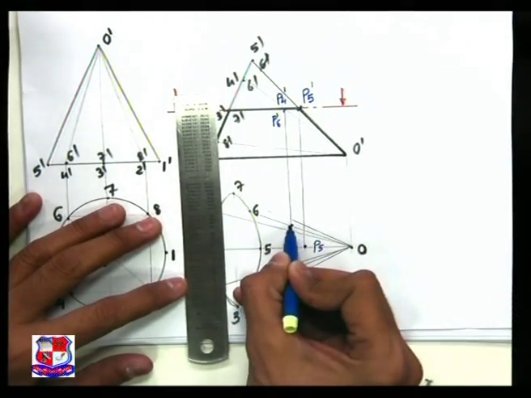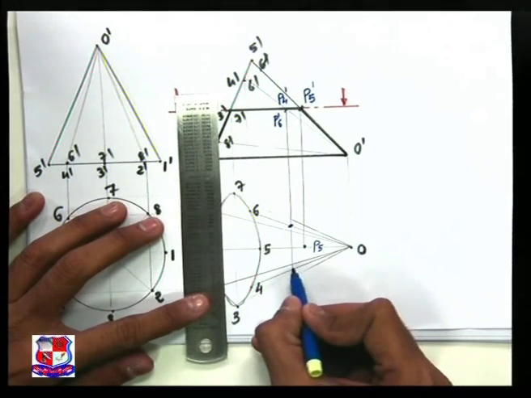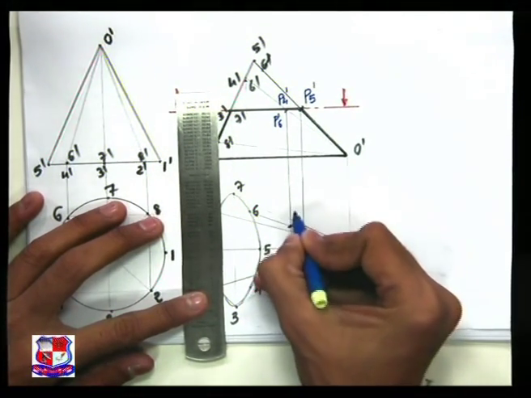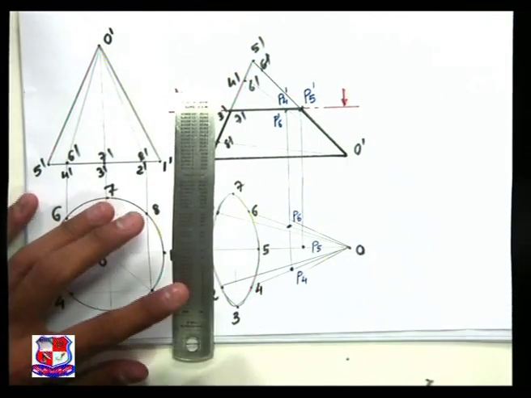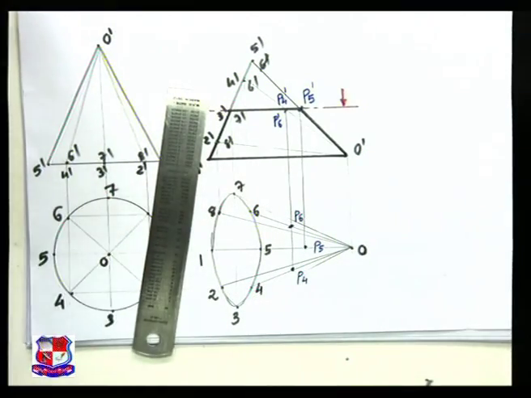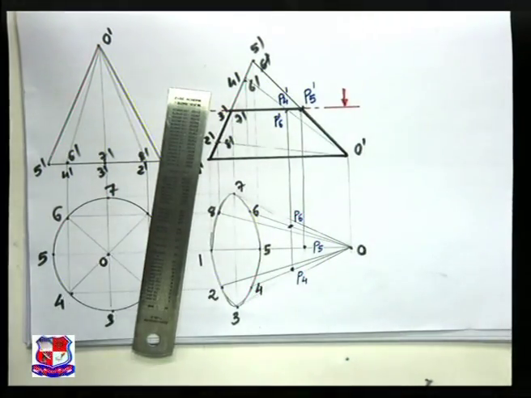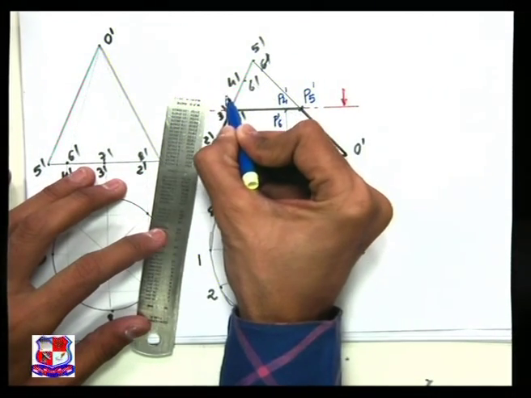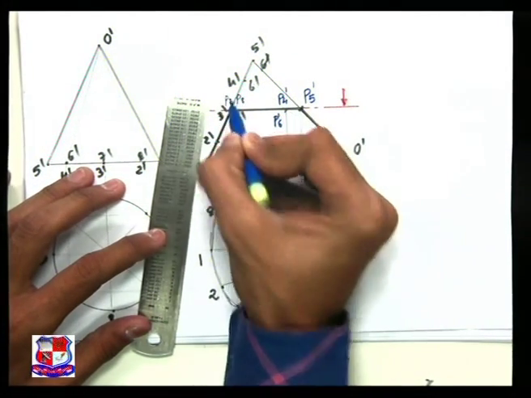O6 is the generator over here, and O4 is the generator over here. Here is point number P4, and here is point number P6. So we have identified 3 points, P4, P5 and P6. Similarly, point number P7 would be here. P7 and P8, both the points would be here.